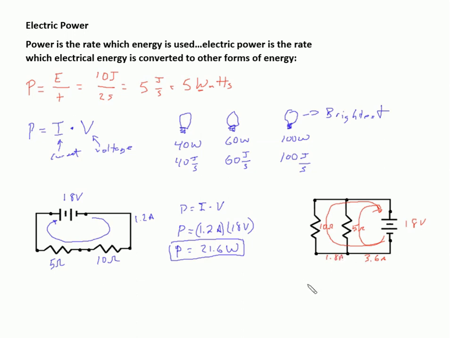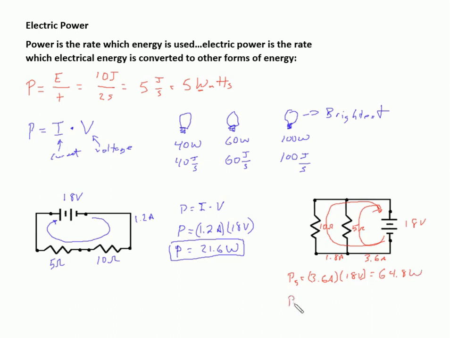So if we wanted to find the power of the 5 ohm, for example, that would be the current, 3.6 amperes through that light bulb, times the 18 volts. And that would give us about 64.8 watts.